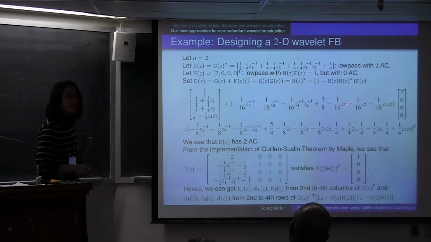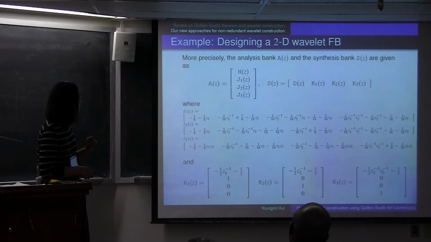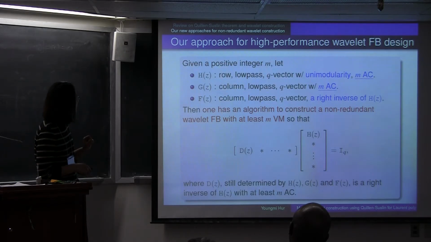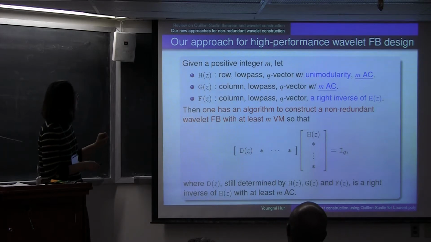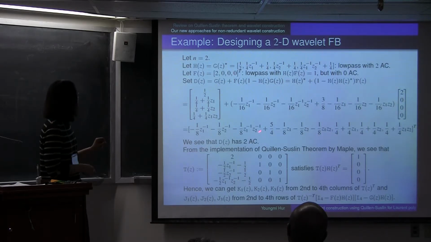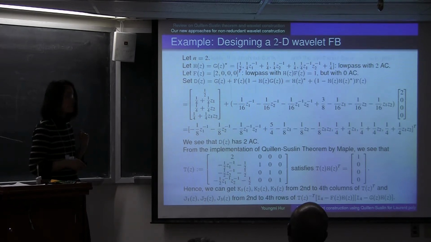So this was the one I was computing using our algorithm. So it has 2 accuracy. And then the rest is just following the algorithm, and you can define the wavelets. In this case it happens to have 2 accuracy, but the theory only guarantees positive accuracy.